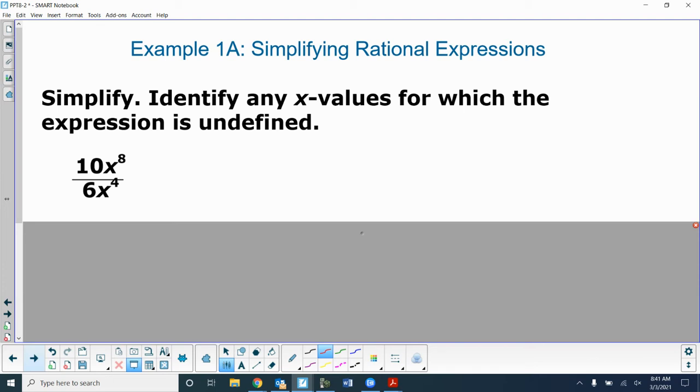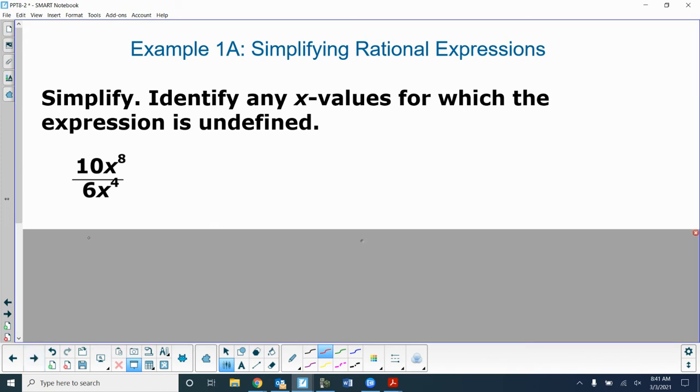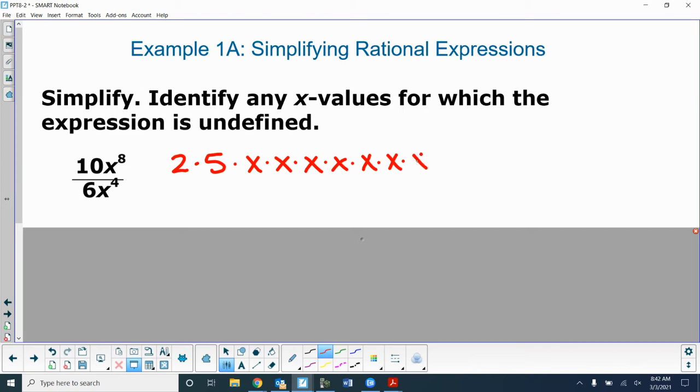Now, if I factor this out, they might have done this already for me, all right? No, they did, all right. So if I factor it out, that's 2 times 5 times x, 1, 2, 3, 4, 5.